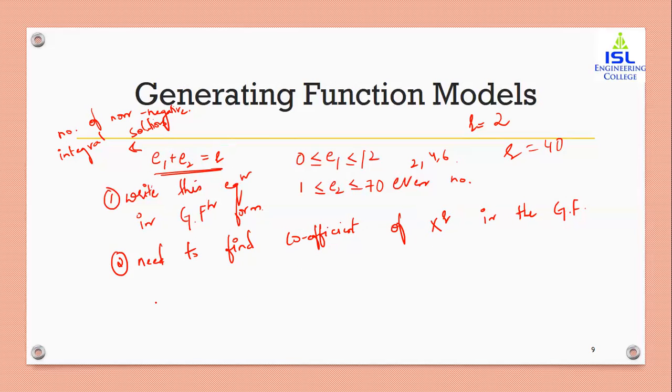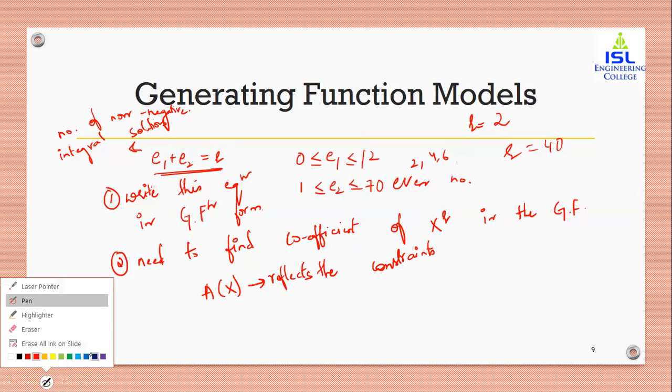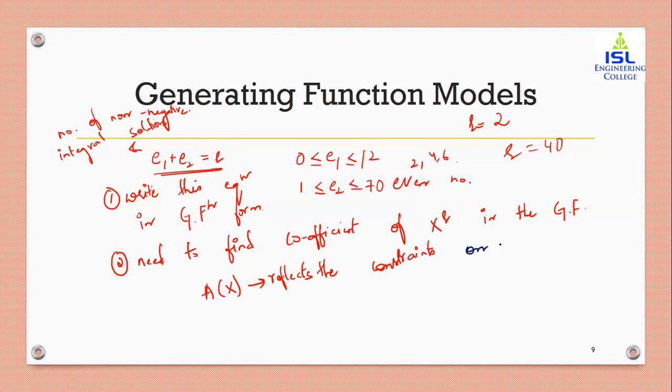Okay, so for this, let me do this with the help of an example. If E1 plus E2 is equal to r, then we consider a generating function a of x which reflects the constraint on E1.